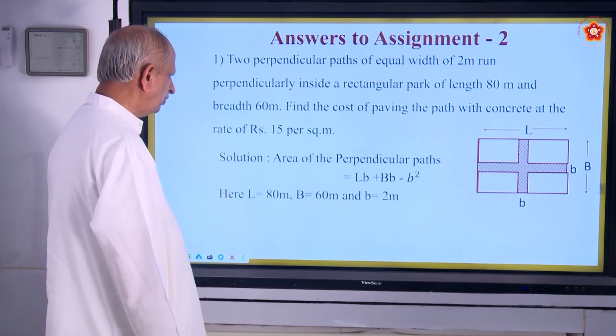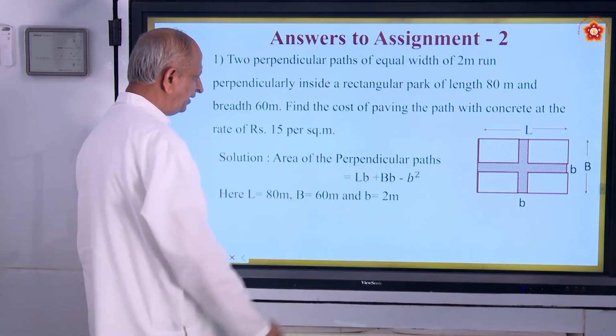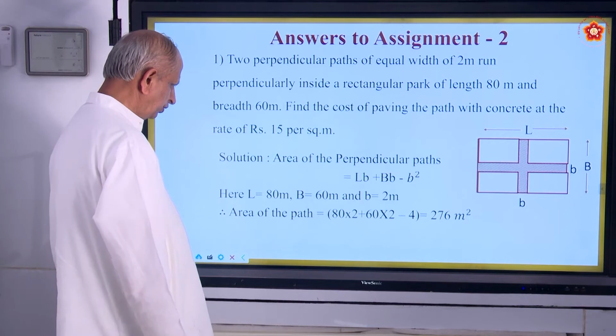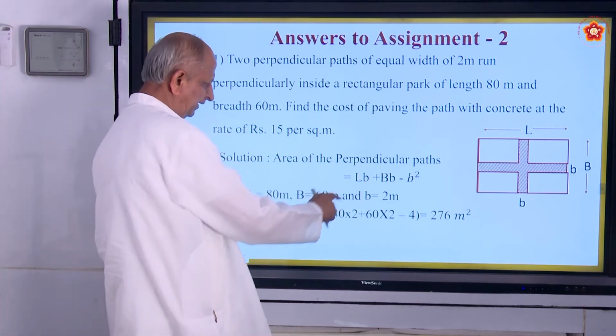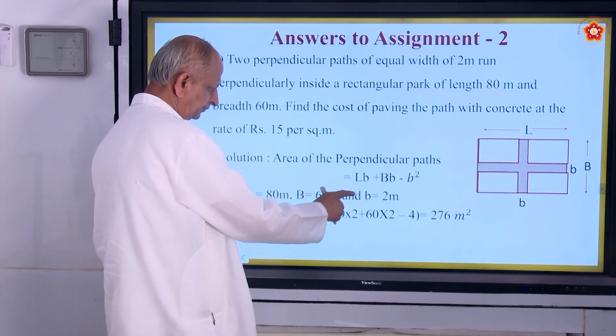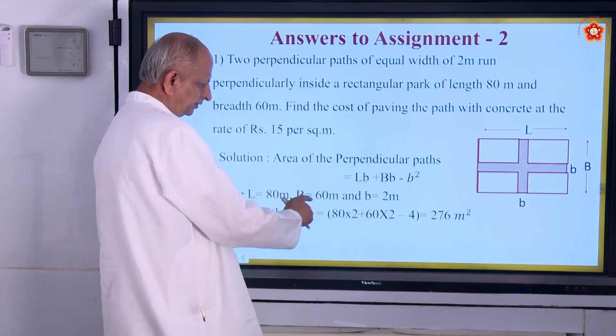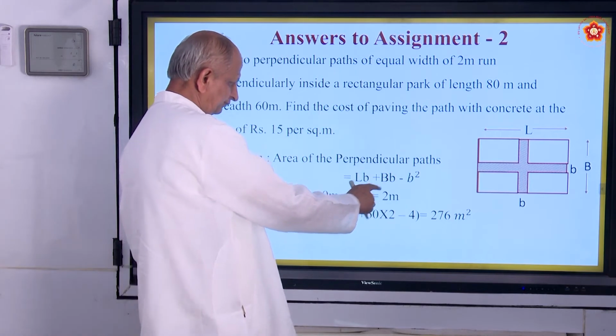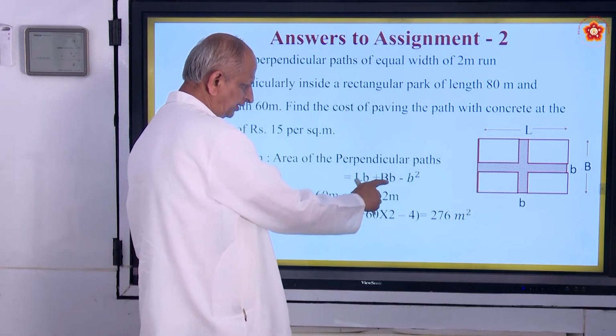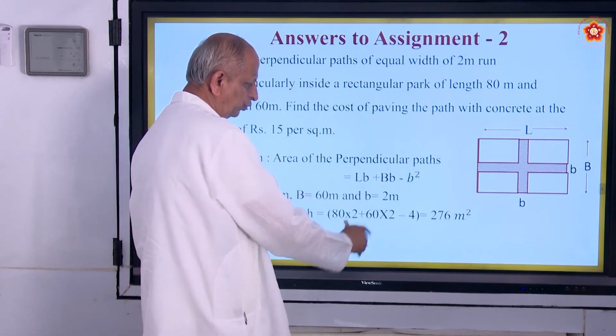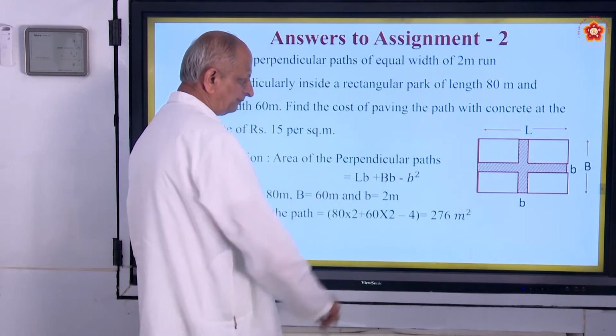So, now let us apply it in the given formula. You have L into b, L is 80 into small b is 2, 80 into 2 plus B into b, B is 60 into b 2, 60 into 2 minus b square.